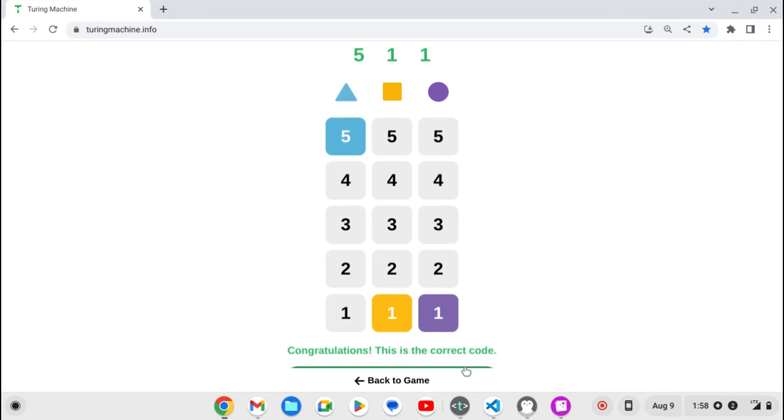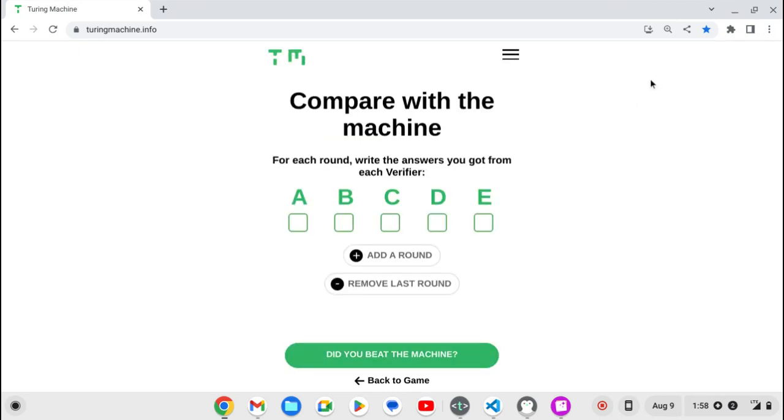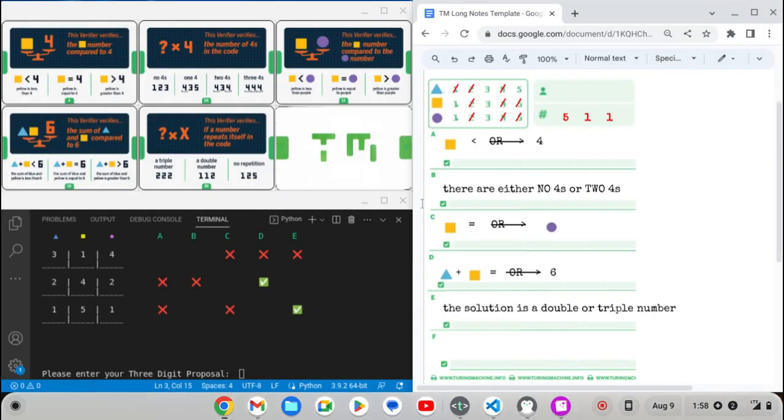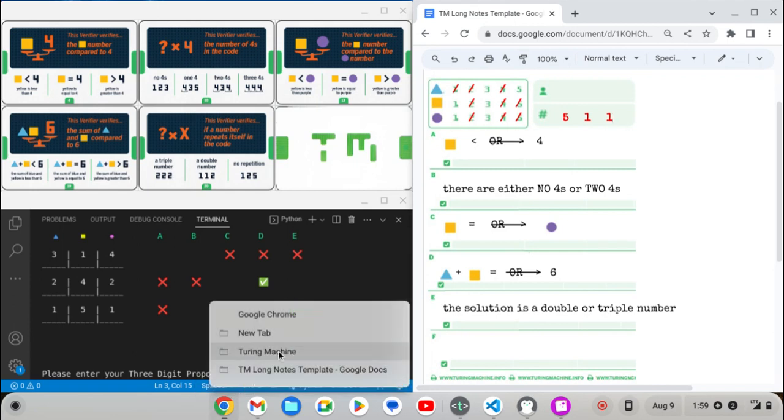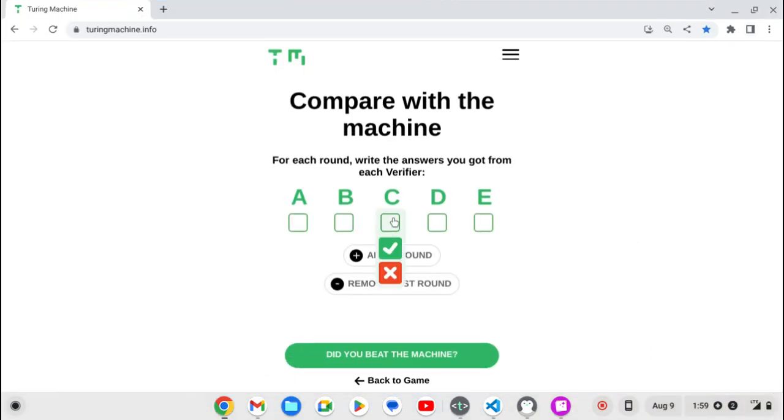Okay, very good. Now let's see how we did versus a Turing machine. Well, we did 9 questions. So we did C, D, E, and then A, B, D, and then A, C, E. All right, so let's do that. C, D, E, and A, B, D. So C, D, E, we're all wrong.